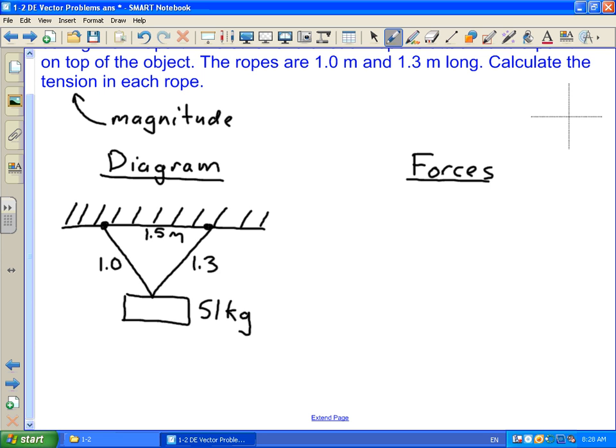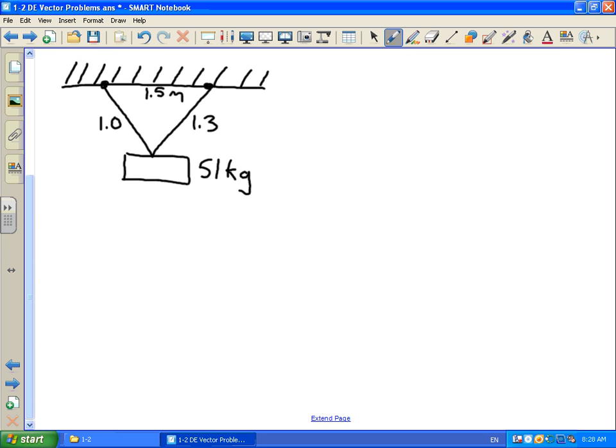So what we know is that there is a force exerted by gravity on this object, pulling down. So we'll call this the force of gravity. And we know how to calculate that force of gravity. It's just 9.8 times the mass, which is 51.